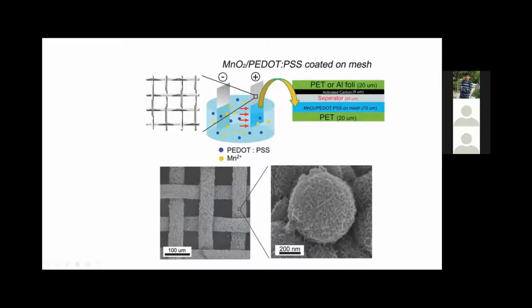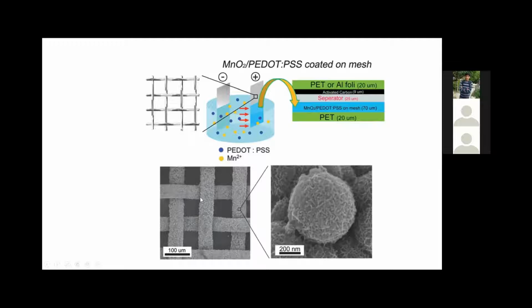Another example is manganese oxide, a metal oxide, together with a polymer, as composites. With the EPD substrate, they can get a very good material and a very good thin film.